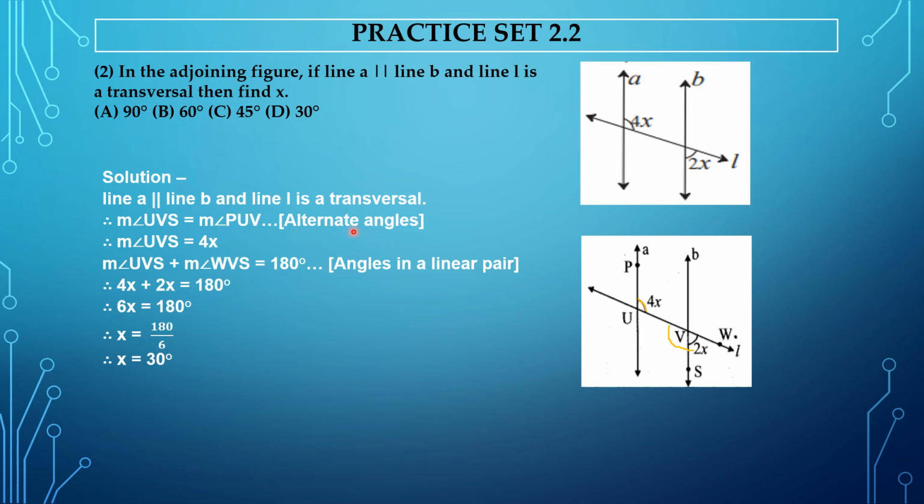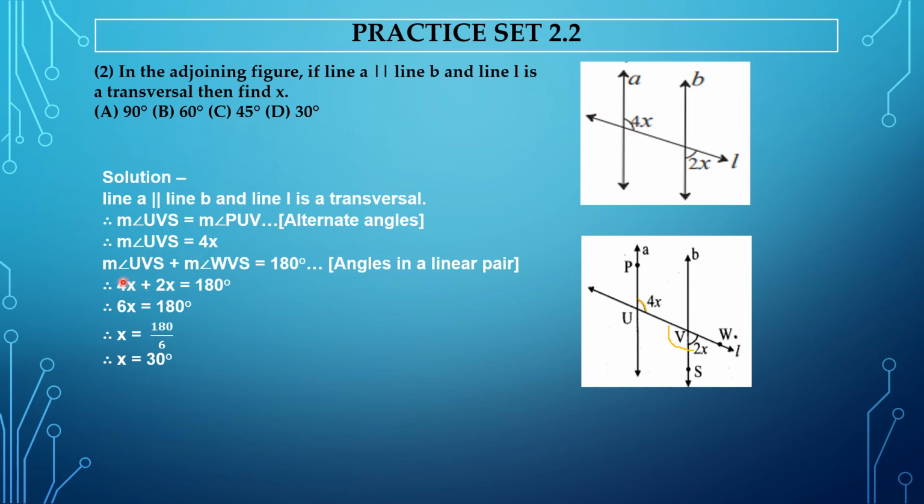They are equal because they are alternate angles. We learned the property that alternate angles are congruent. So angle UVS is equal to 4x, because it is given in the figure that angle PUV is 4x. Therefore the measure of angle UVS is equal to 4x.